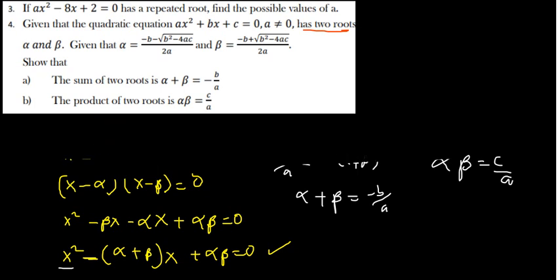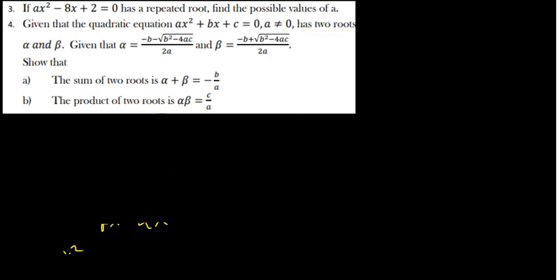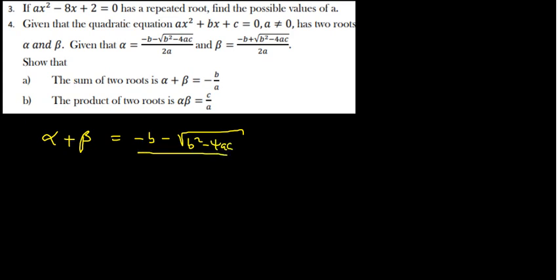But apart from taking this root, since we've already been given what alpha and beta are, we just want to show that the sum alpha plus beta gives us negative b over a. So all you do is alpha plus beta. What is alpha? They've already given us alpha: negative b minus the square root of b squared minus 4ac, divided by 2a.